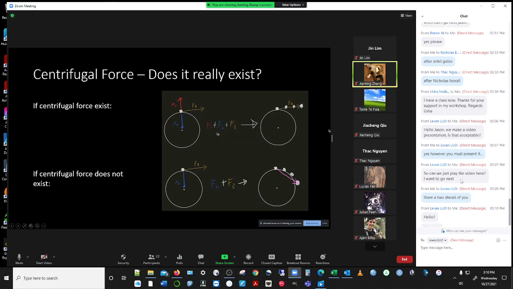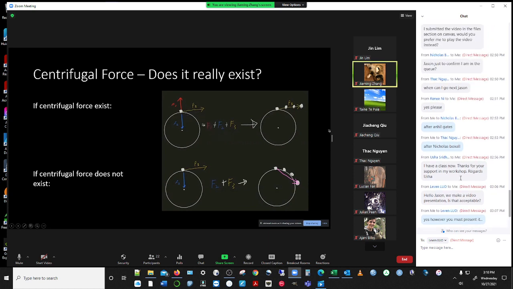If we add these three forces together, we eventually get only force 3 left, which will move this object out from this circle, and it does not make sense.